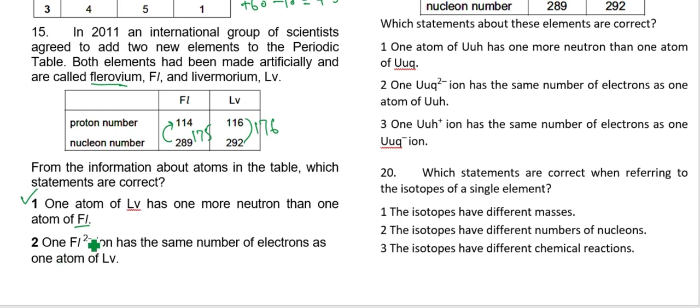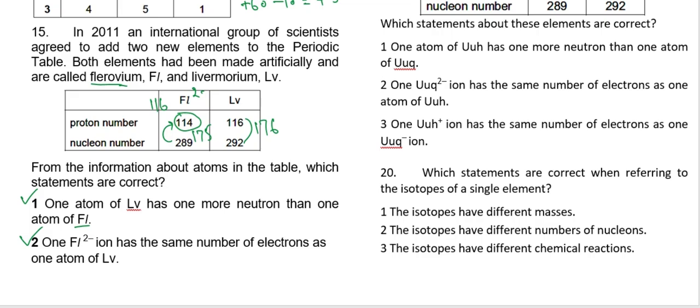Then Fl 2 negative. When it has 2 negative charge, the electrons become 116 because of the gain of 2 electrons. He says it has the same number of electrons as one atom of Lv. Yes, it is 116, so this suggestion is also correct.